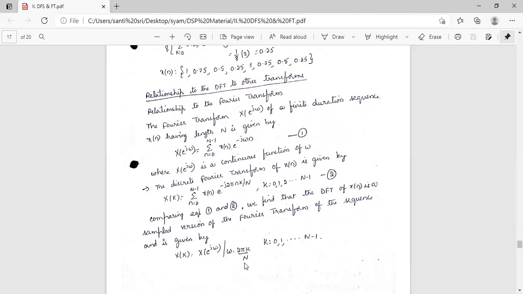If 2 pi k by n is omega, then the discrete Fourier transform is nothing but the Fourier transform at omega equal to 2 pi into k by n, where k is 0, 1, 2 up to n minus 1.